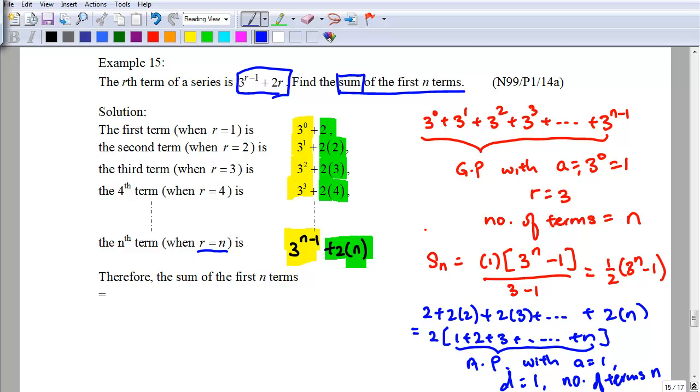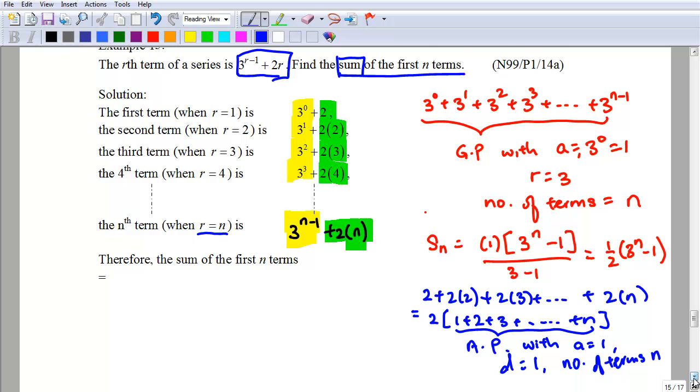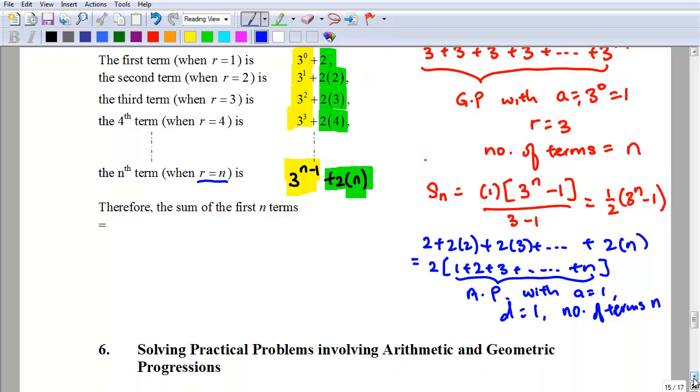Since we are adding the first n terms of the series, the sum to n terms of an AP will be n over 2, remembering the formula n over 2 times first term plus last term. So the first term is 1, the last term is n here.